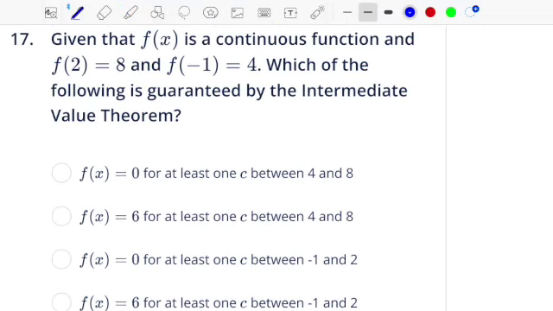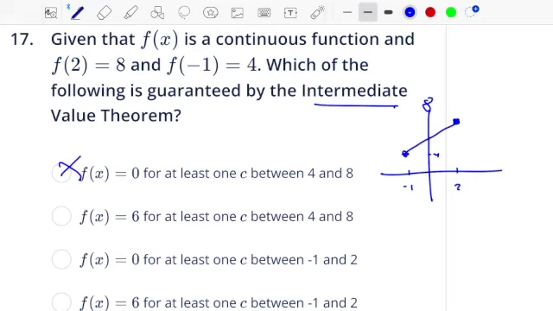And f of x is a continuous function. f of 2 equals 8, f of 1 is negative 4, so by the intermediate value theorem everything exists in between. Whatever our graph looks like, it's got to pass between there. f of x equals 0?